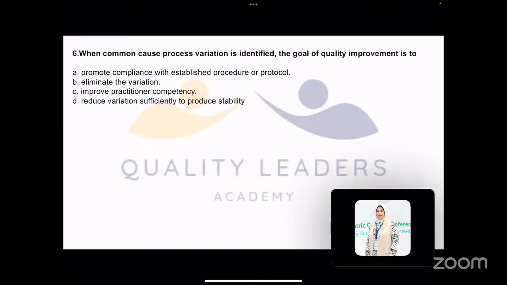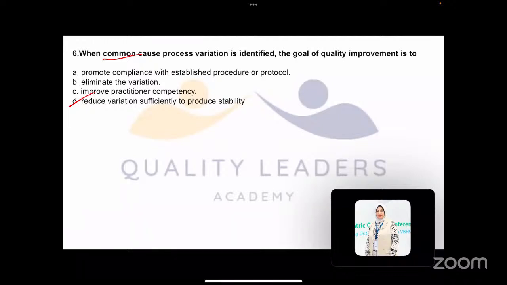We have to promote compliance with established procedures or protocols, standardize the improvement, and reduce variation. So here he is talking about the common causes. What do we do to reduce variation sufficiently to produce stability?